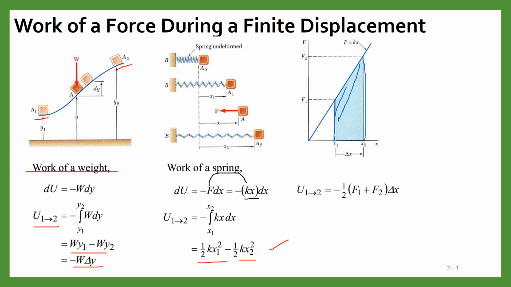So the shaded portion will give you the total work, which is nothing but minus 1 by 2 (F1 plus F2) delta X. So this is how you can calculate the work of a force during a finite displacement for certain situations.